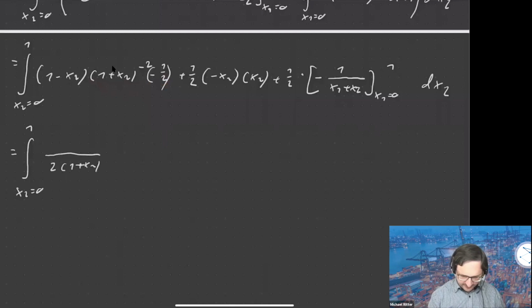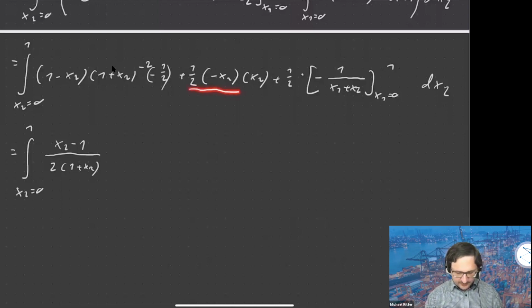Well, sorry. Let's make this a little more readable here. 1 plus x2, like this. And we have this minus 1 minus x2. With this minus here, that becomes x2 minus 1. Okay, so this is this first part of the expression.